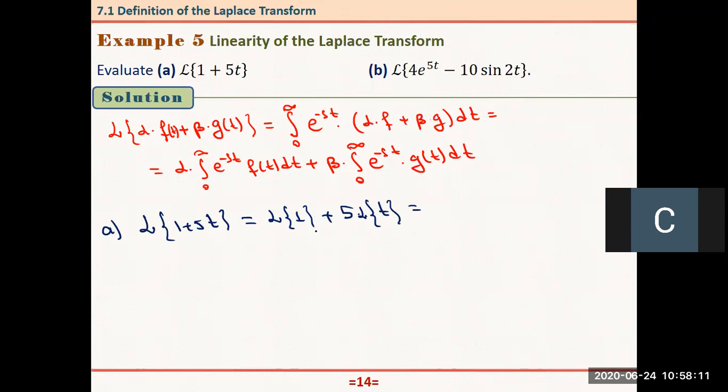The Laplace transform of 1 is 1 over s, plus 5 times the Laplace transform of t, which is 1 over s squared. That equals (s plus 5) over s squared.